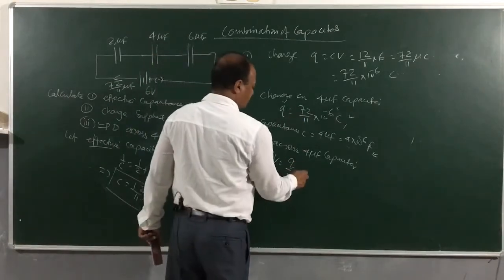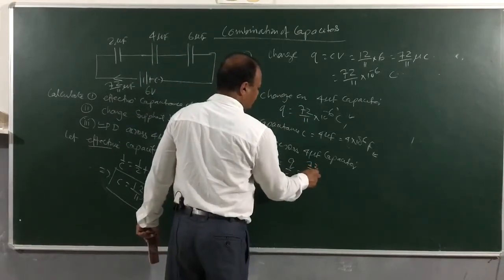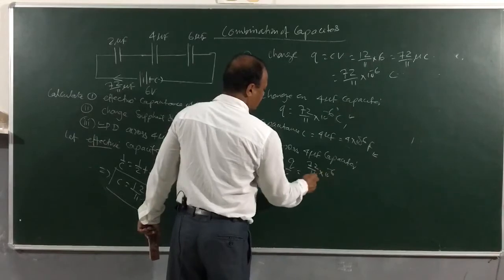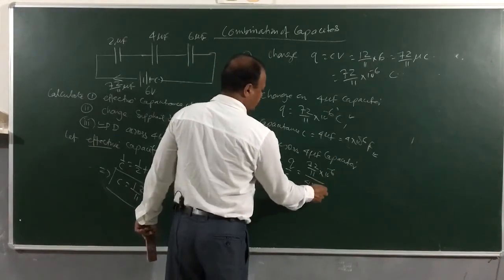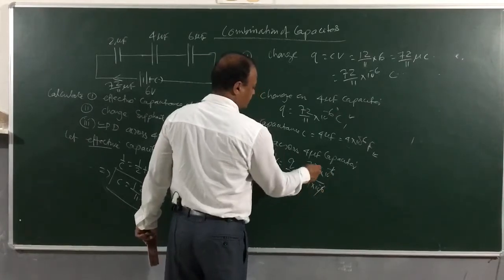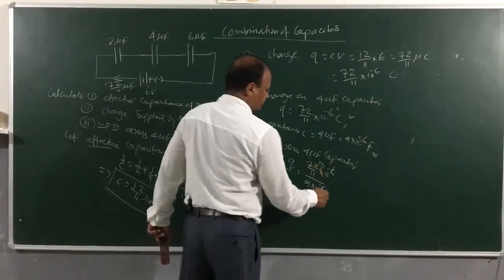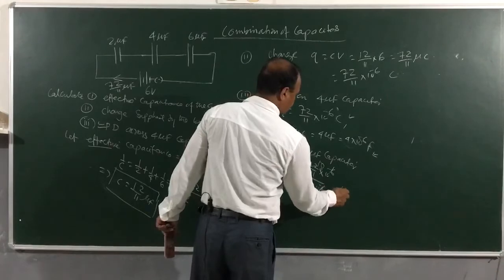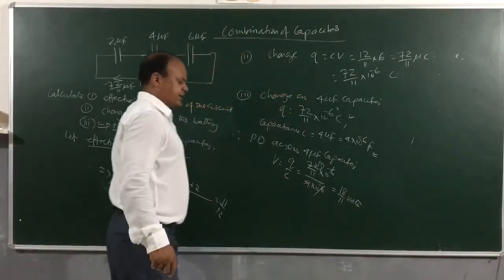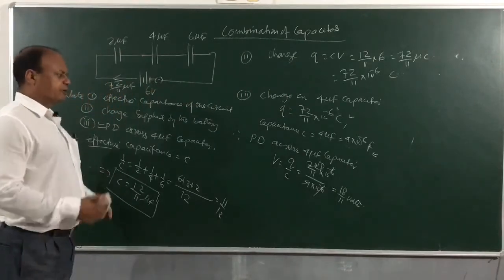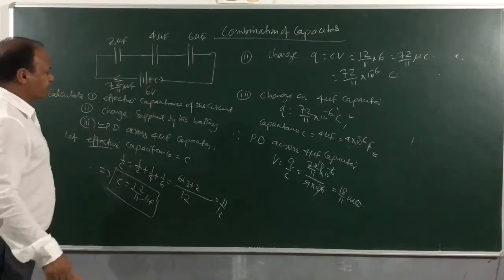Q we know already, 72 by 11 into 10 to the power minus 6, and capacitance is 4 into 10 to the power minus 6. We cancel out these two, 18. So 18 by 11 volts.